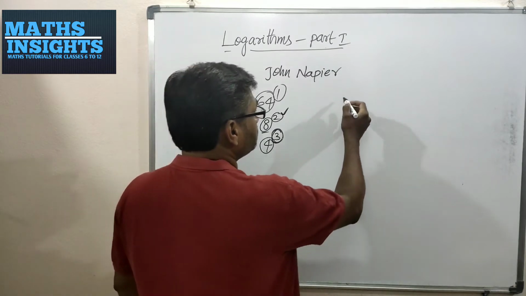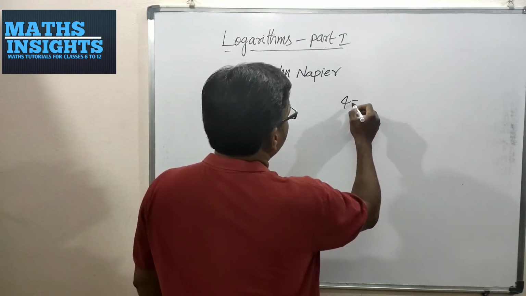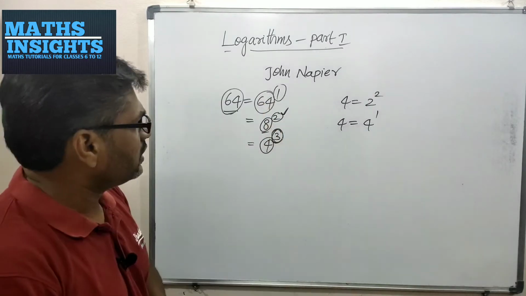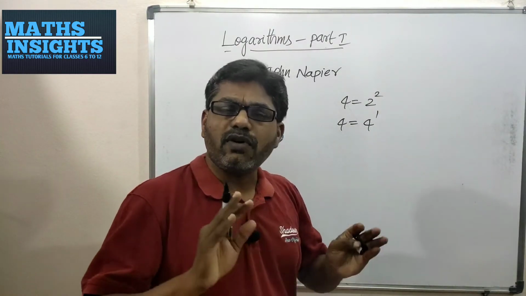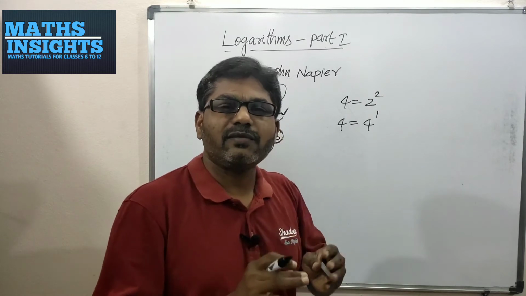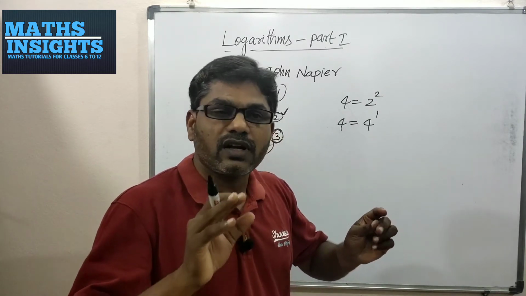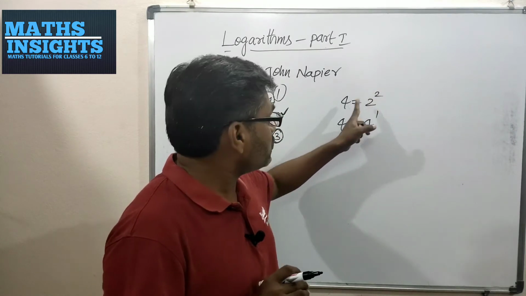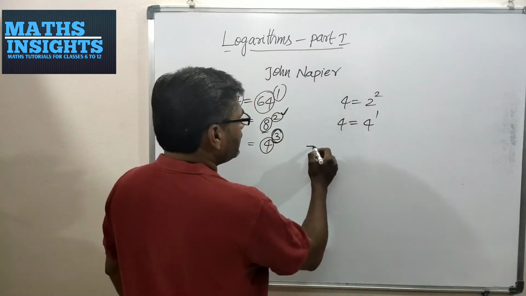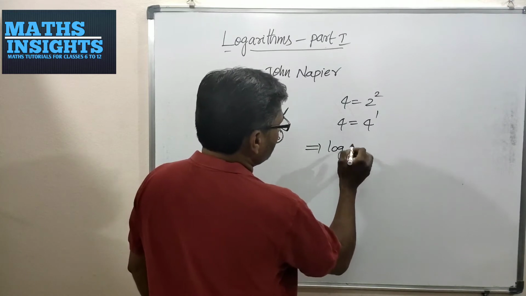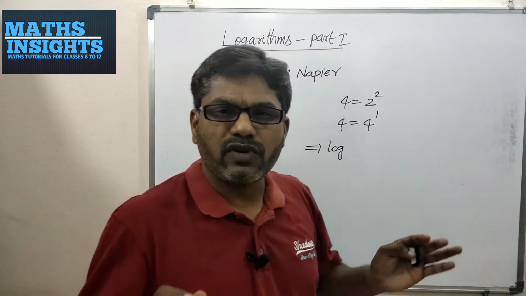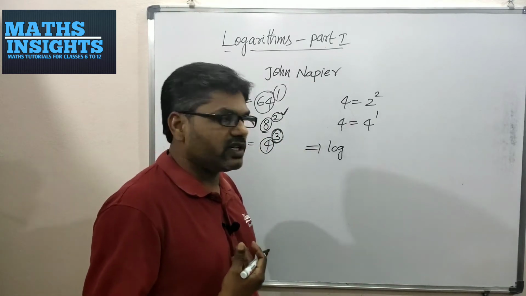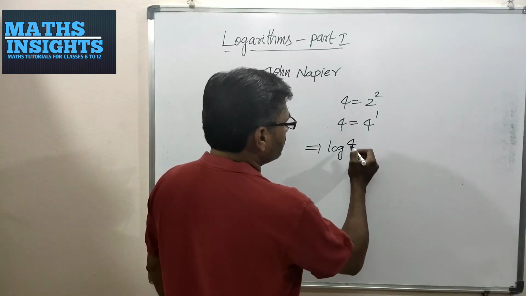Suppose 4 can be written as 2 square. Logarithm is nothing but power. Keep in your mind: logarithm is the power to which you are raising a particular base to get the number. So the logarithm of 4 can be written as log. Instead of writing the full form of logarithm, I will write log for our convenience: log 4.